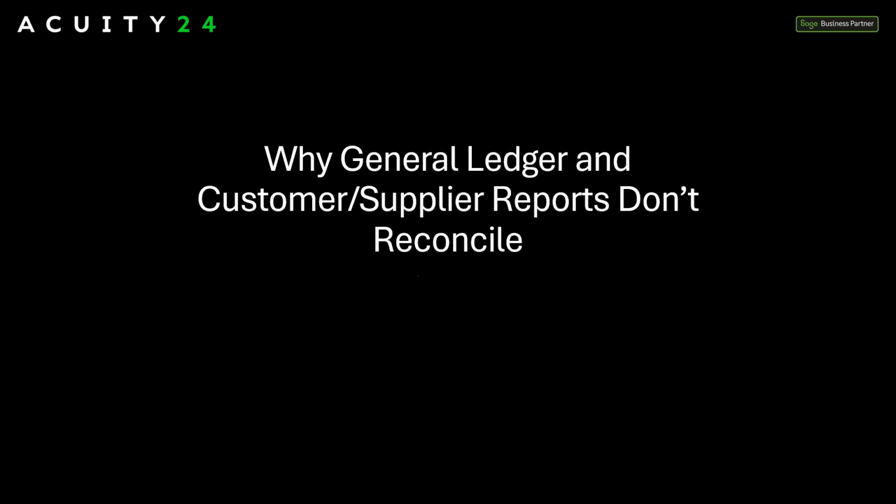Right, on our first agenda item of the day, we're going through why the general ledger and customer or supplier reports do not reconcile, and the most common issues that we come across with the imbalances.